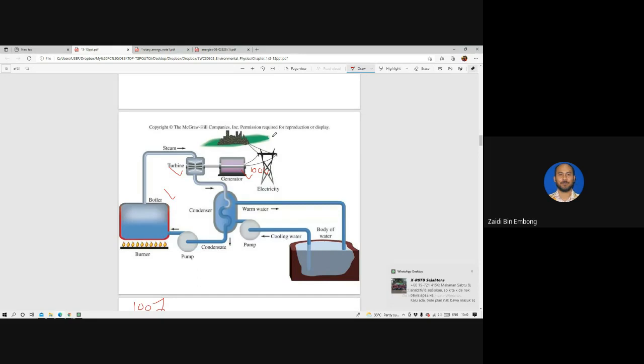But in a normal situation, when you plug in, you turn on your plug, normally what is the voltage that you gain at home? The alternating current that you have. 24 volt. Which one? It depends.